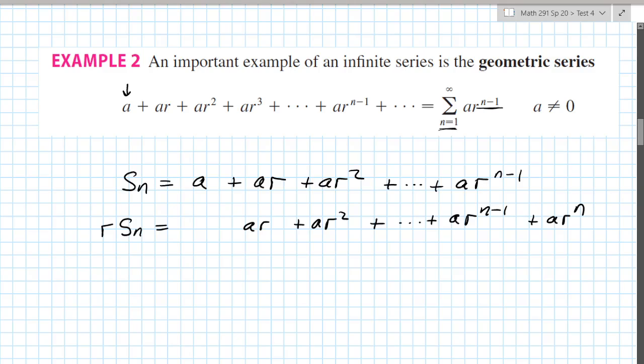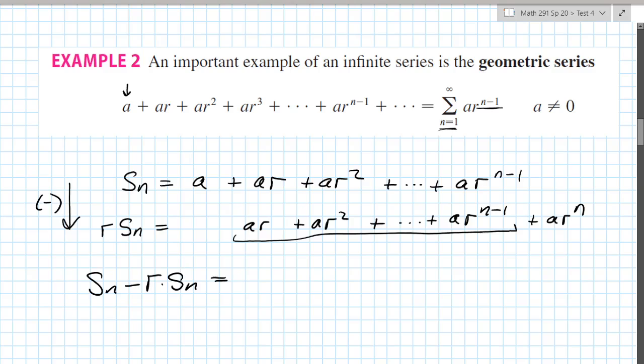So what we're going to do is subtract these two rows, so that we have s sub n minus r times s sub n is equal to, if we subtract, all of these middle terms here will cancel out, and we have a minus a r to the n.